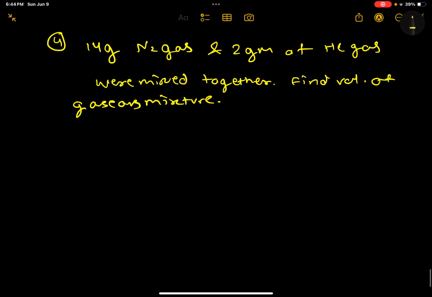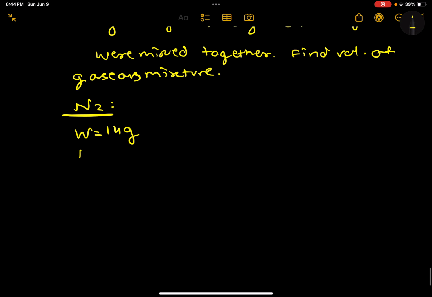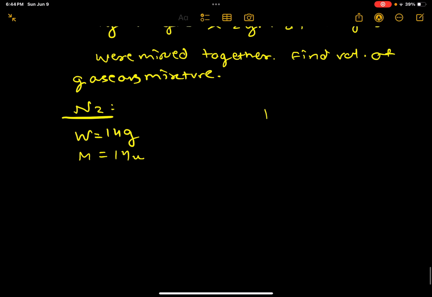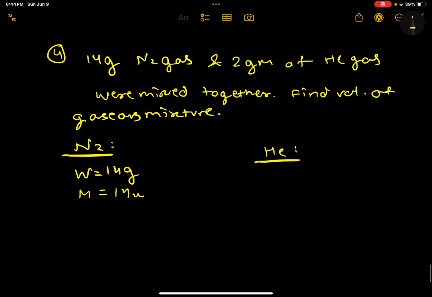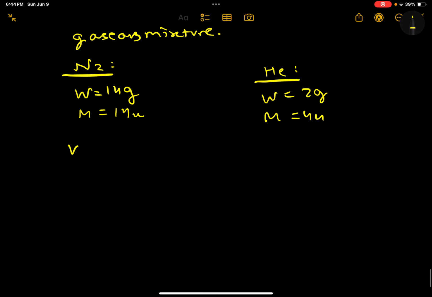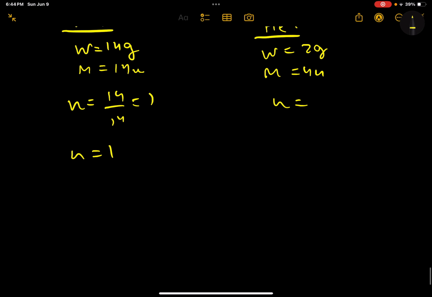So let's take nitrogen. We have W equal to 14 gram and M is equal to 14 u. And in helium we have 2 grams, so W is equal to 2 gram and M is equal to 4 u. So the number of moles for nitrogen is 14 upon 14 equal to 1. And for helium N is equal to 2 upon 4, which is equal to 0.5.